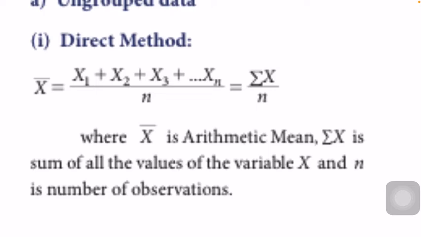Where x bar is the arithmetic mean, x1, x2, x3, up to xn are the scores. So, x1 plus x2 plus x3 up to xn divided by n. There are n scores, so we divide by n, that is sigma x by n.